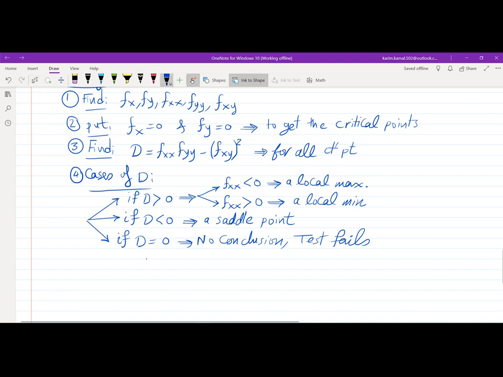From your lecture, a small note before we start solving the problems. D is called, like we said before, discriminant or Hessian.